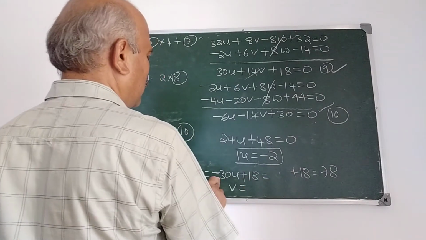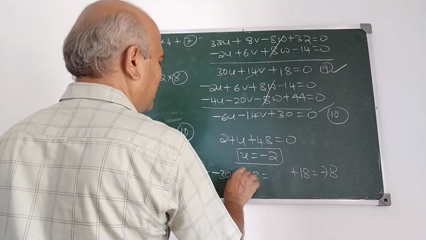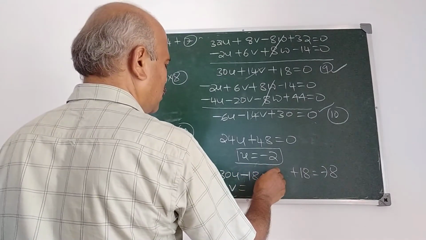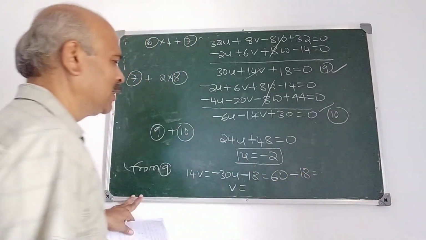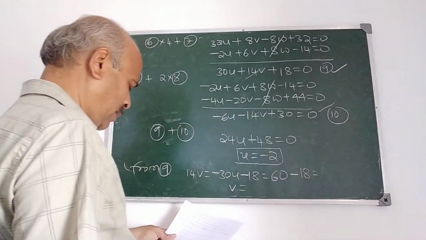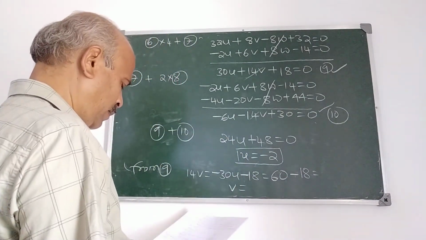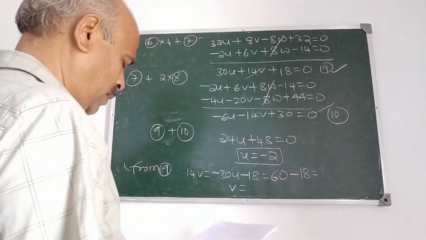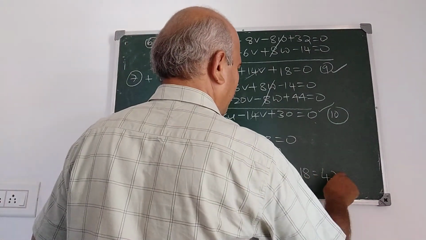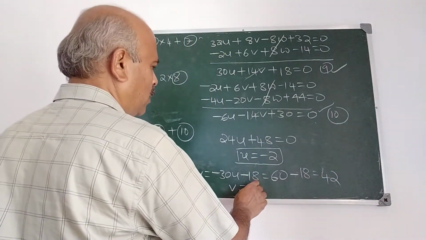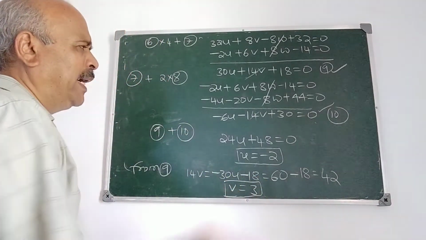So 60 minus 18. What is 60 minus 18? Is it 42? 42. v is 3, therefore. v is 3. Back substitution.